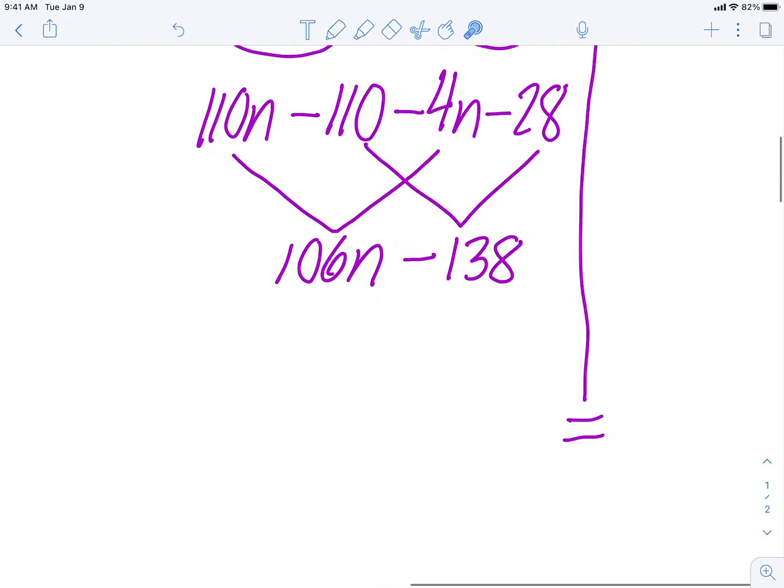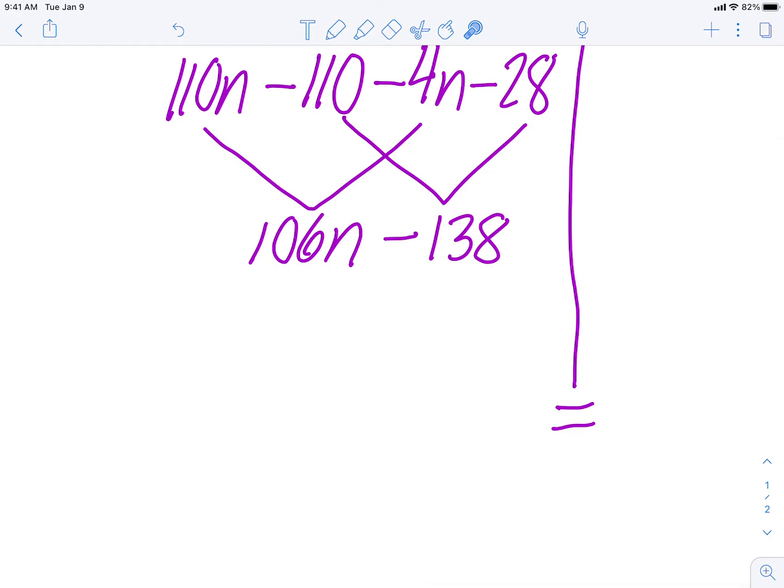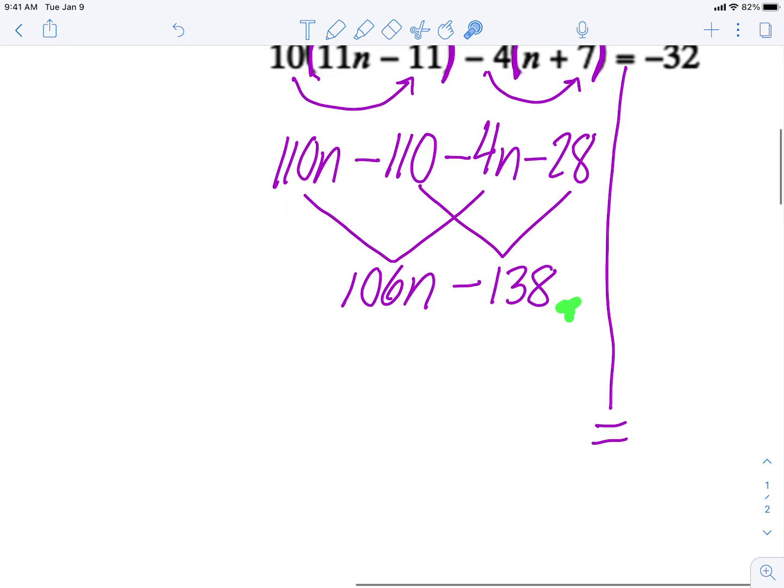So, no more combining here, right? This is 106n and this is negative 138. They're not like terms because 106 has an n and 138 does not have an n. So, I have this n is going to come down here just like that. So my letters, my n's are going to be here on the left side.